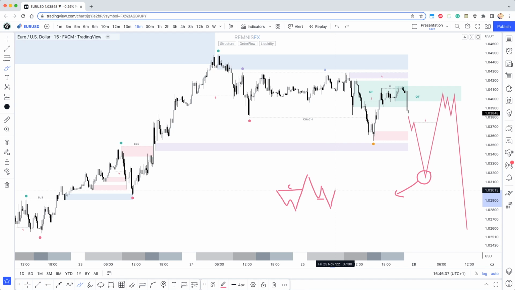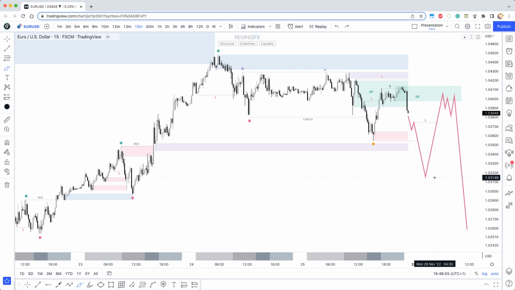Or you can enter after it comes back to your point of interest, right? It all depends on your entry criteria and how aggressive you are. Like everything, there are conventional or conservative ways of doing things and an aggressive way of doing things, right? But you could look after the price comes back within this order flow, right?